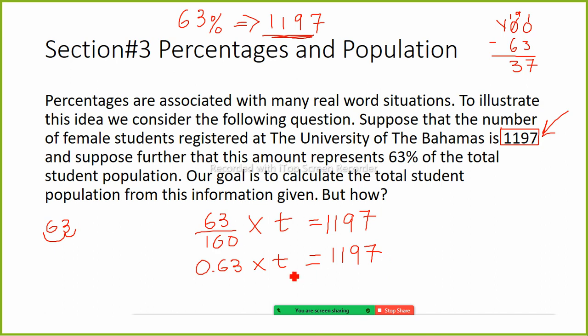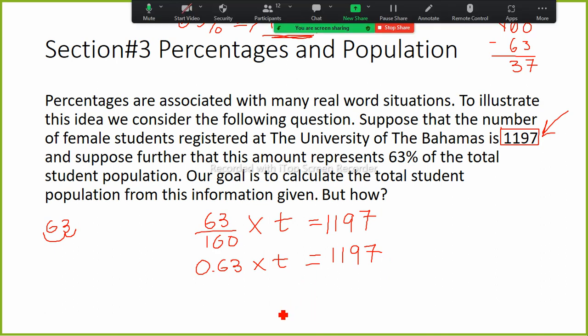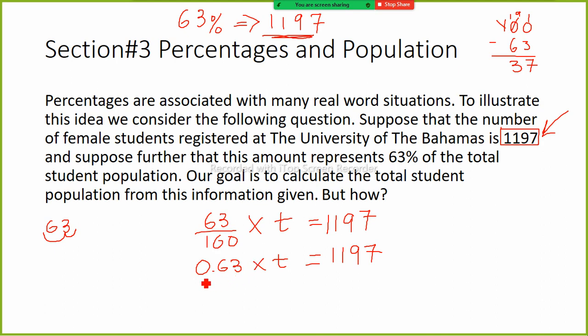Once we reach this point, we have to divide both sides by 0.63. And so that means that the total is going to be equal to 1,197 divided by 0.63.